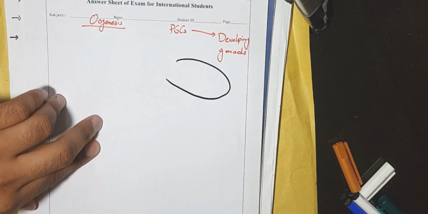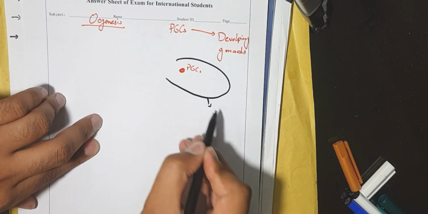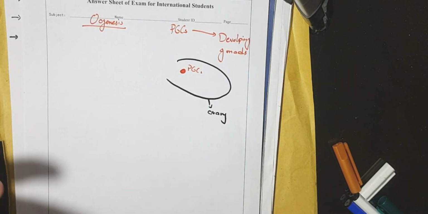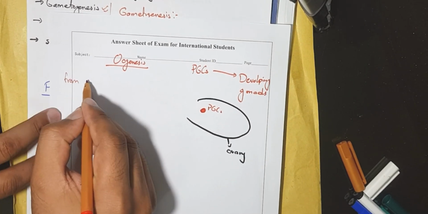Okay, so this is hypothetically a very large ovary, and here the primordial germ cells have already arrived at the 5th week of development. Now they have already migrated, and further the primordial germ cells will try to mature further.